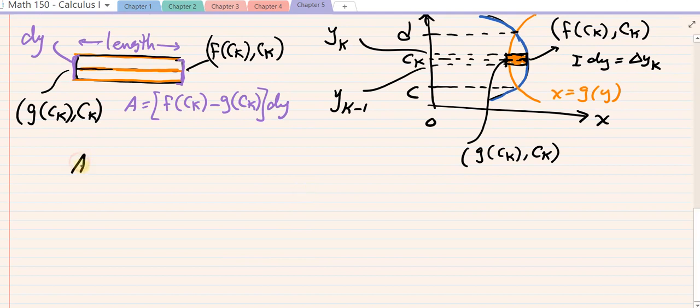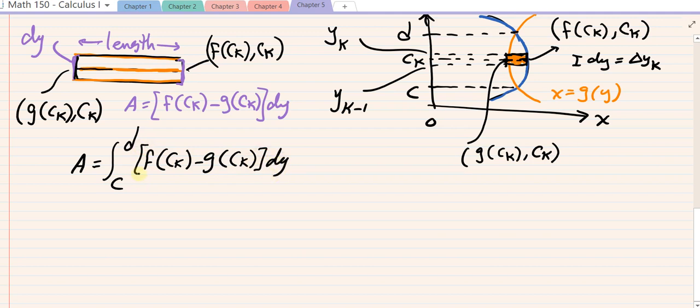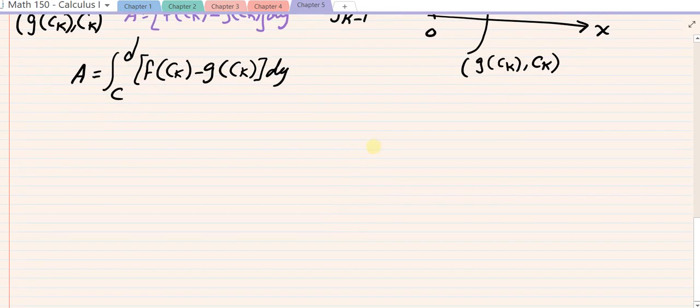So the area of the region bounded between c and d is therefore going to be the integral from c to d of f at c sub k minus g at c sub k times dy. And that area, of course, can be stated as the limit of Riemann sums. But that is how you make the adjustment here.